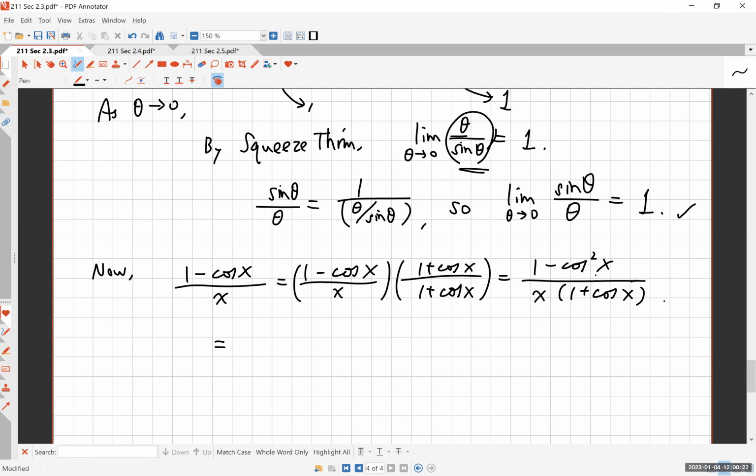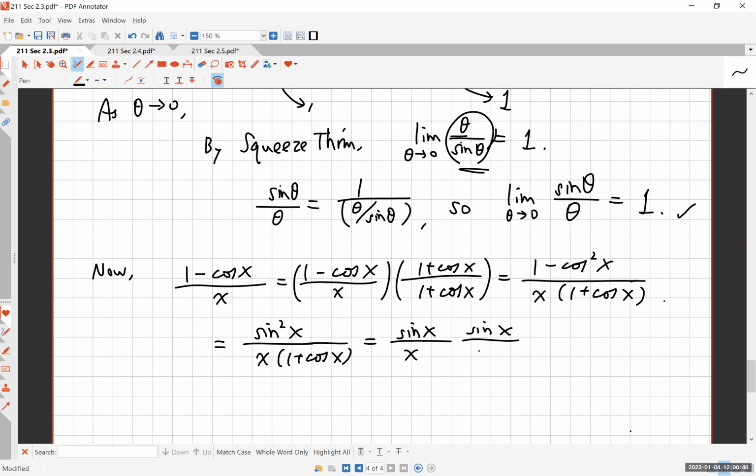But notice what the top is. It's sine squared of x, because 1 minus cosine squared, as you know, is sine squared. At this point, I still can't plug in 0 for x because you have 0 over 0, but you can write sine squared as sine x times sine x, and separate this into two fractions.